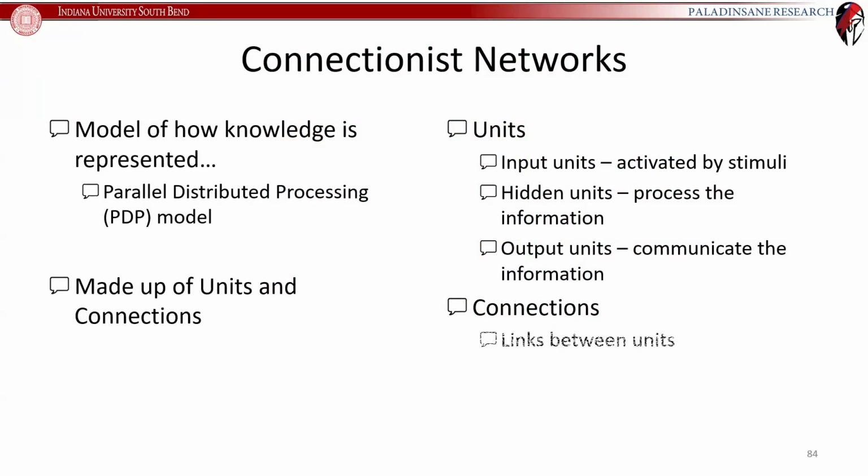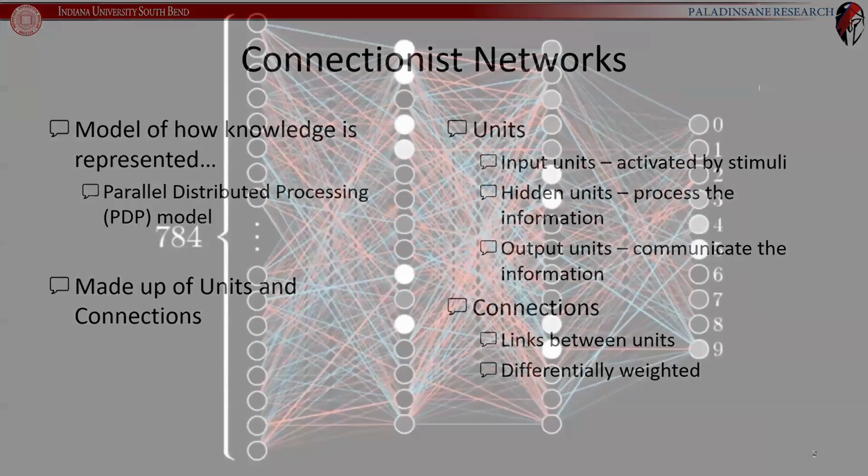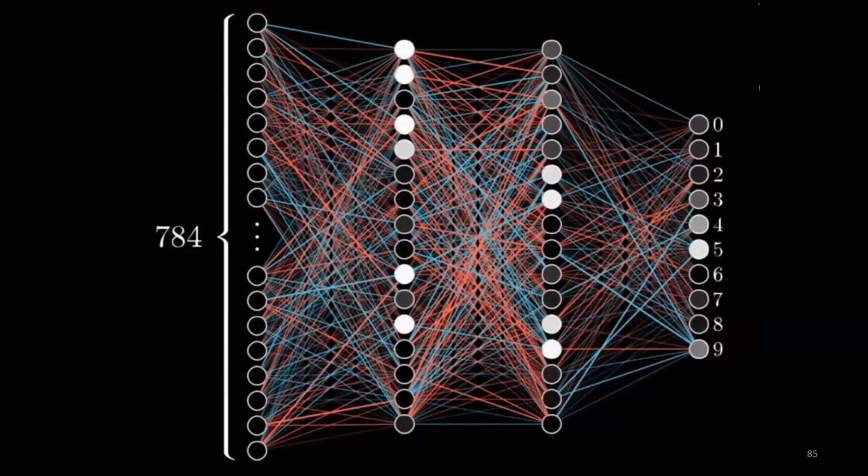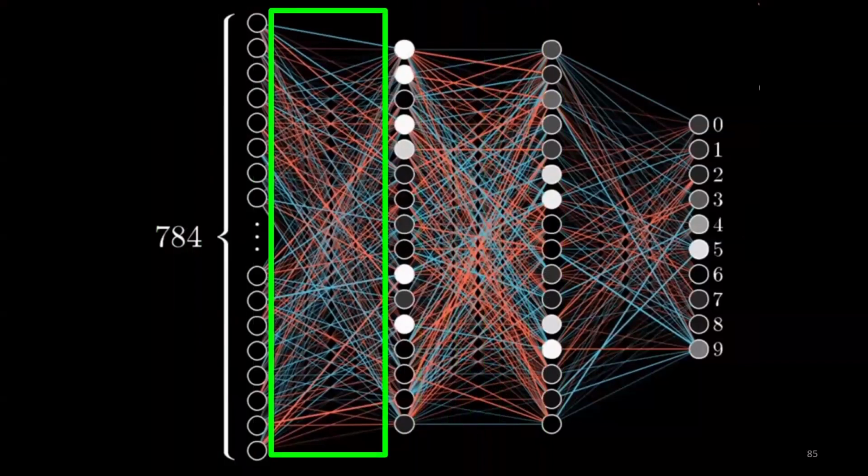And then finally, we have connections between the units. Very importantly, these connections are differently weighted. That's also where that magic occurs. So you can see here, there are different connections, there are different colors, and there are different widths to those colors.